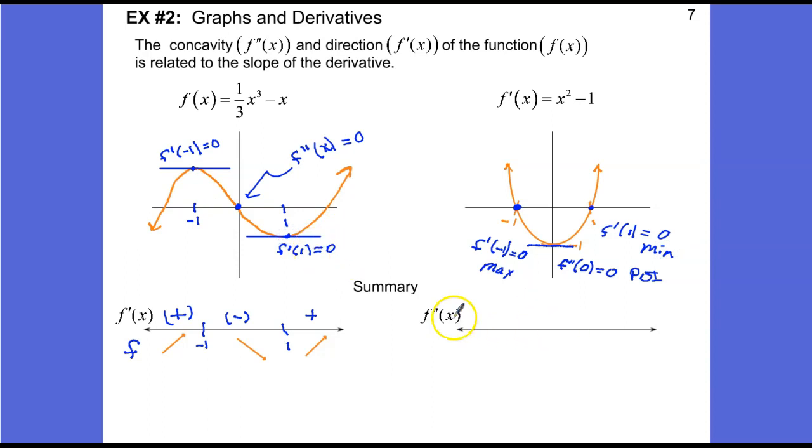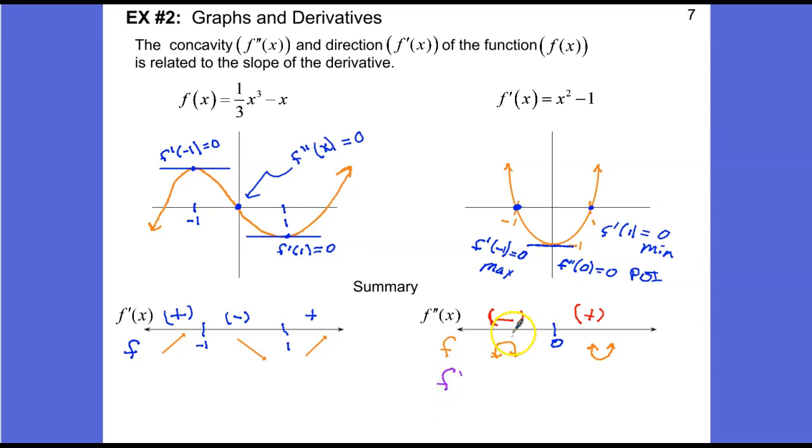Now if we do a sign chart for f double prime, we have 0. f prime is decreasing to the left of 0, so that means that f double prime is negative. f prime is increasing to the right of 0, so f double prime is positive. So f is concave down, and here f is concave up. Now let's layer one more piece of information on here, f prime.